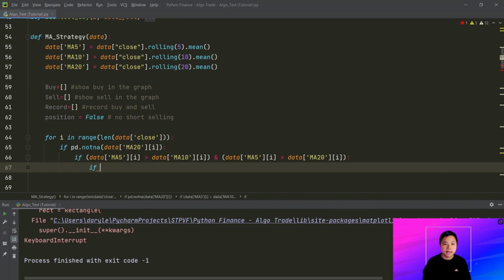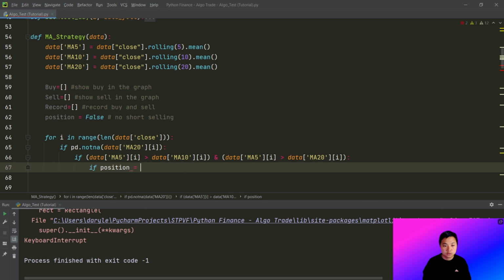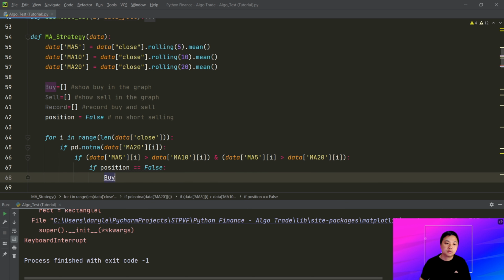If yes, then we will check our positions to see whether or not we are holding any stock. If we are not holding any stock, then we will just trigger the buy signal.